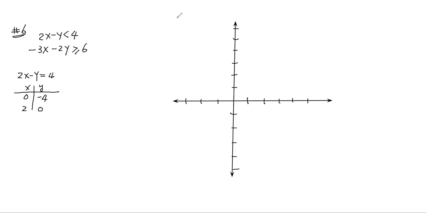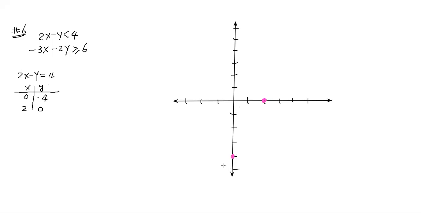So the first point is 0 and -4, and the next one is 2 and 0. Then I'm going to draw the line here.